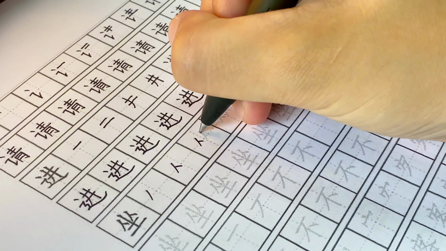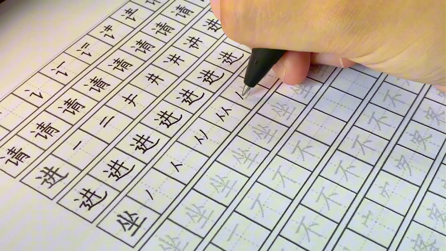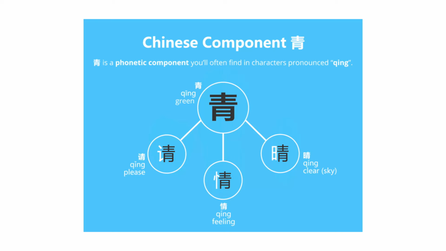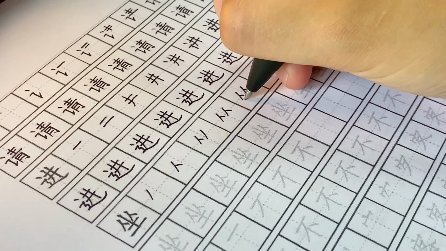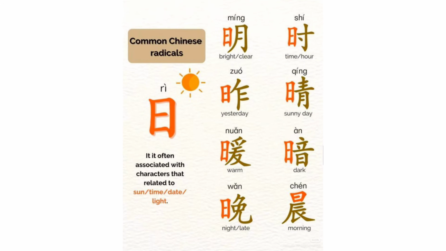And many characters that share a phonetic component actually sound similar too. So if you see qing, you'll notice it shows up in please, clear, feeling, different tones, different meanings, but similar sounds, and you can see the shared piece inside each character. That's not a coincidence. That's the system. Learning in families means you learn one character and get context clues for 5 more. That's leverage.